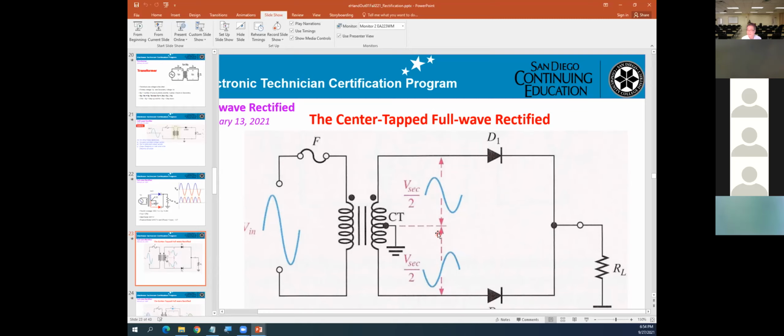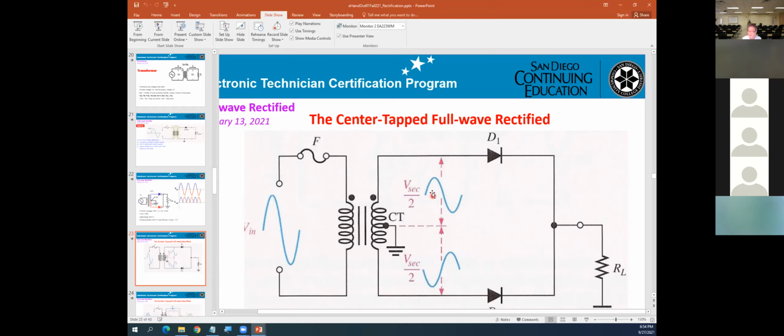However, you can see the difference. When this is positive, this will be negative. The thing is they draw right here. And if here is negative, output is positive.